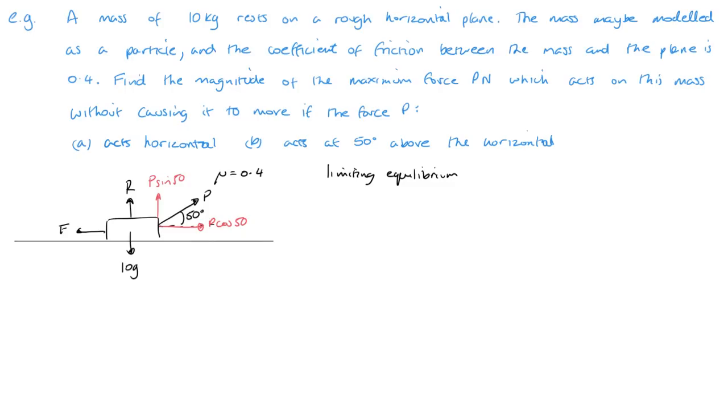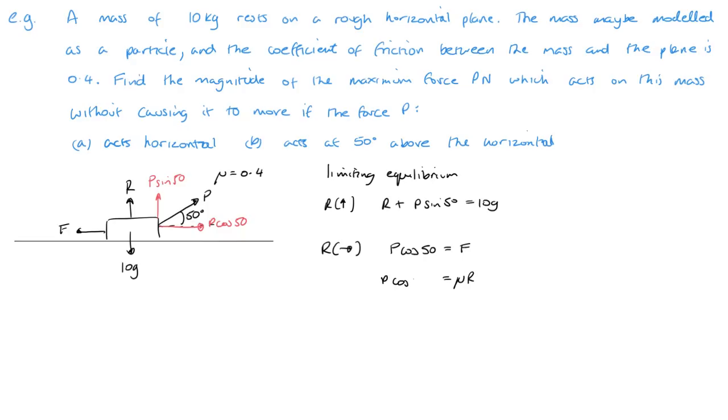So this time when we resolve vertically, we get R plus P sine 50 equals the 10G. And we don't know what R is straight away here. And we resolve horizontally and we get that P cos 50 equals F, where F is mu R.